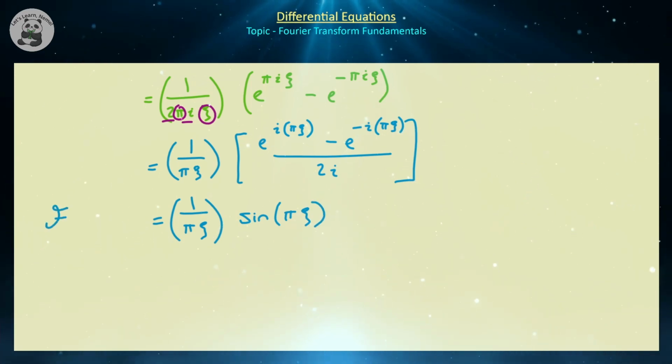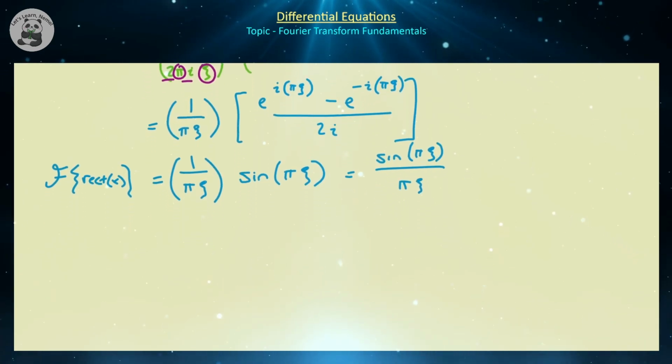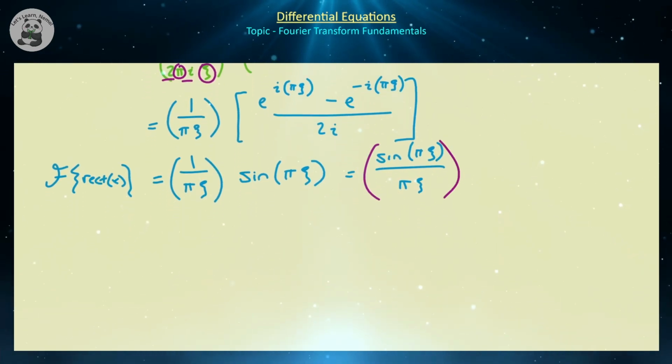Right, and keep in mind this is the Fourier transform of the rectangular function, and we get a little sine wave. We can write this in another way, in particular the sine of pi psi all over pi psi. And especially if you followed me in my single variable calculus, you should know what this function is equivalently represented as.